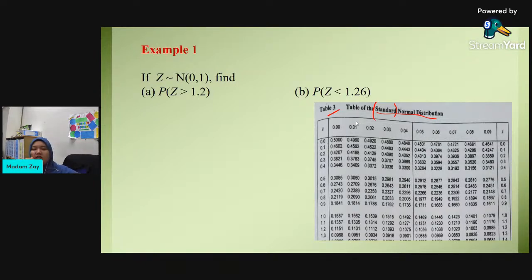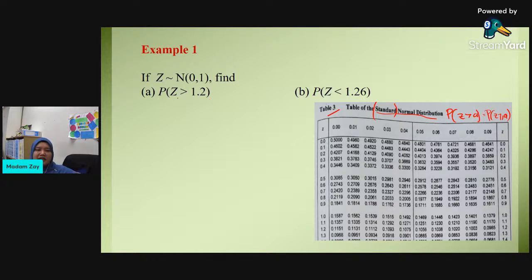So, apakah standard normal distribution? Dia adalah normal distribution with mean 0 and sigma 1. So, bila nak cari probability, dalam table ni, kita hanya ada probability of Z more than A, ataupun probability of Z more than or equal to A. Nilai yang sama lah sebab dia continuous random variable kan.